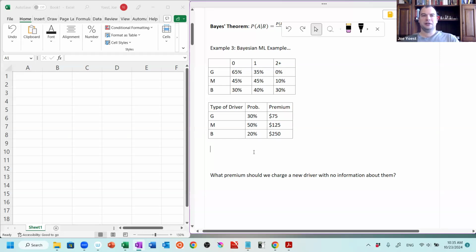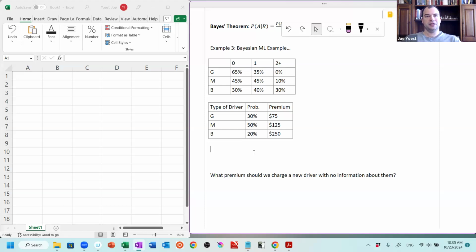We can shift our thinking and say, okay, if I have 100 new drivers, about 30 of them are going to be good, 50 moderate, and 20 bad, but I don't know which 30, 50, and 20 are which ones.